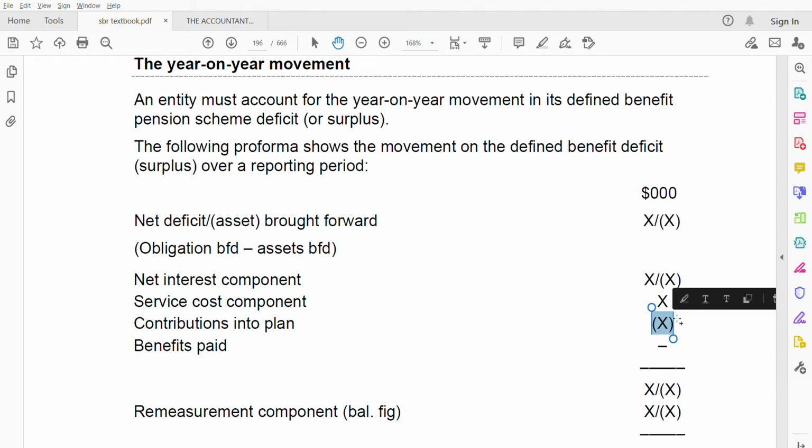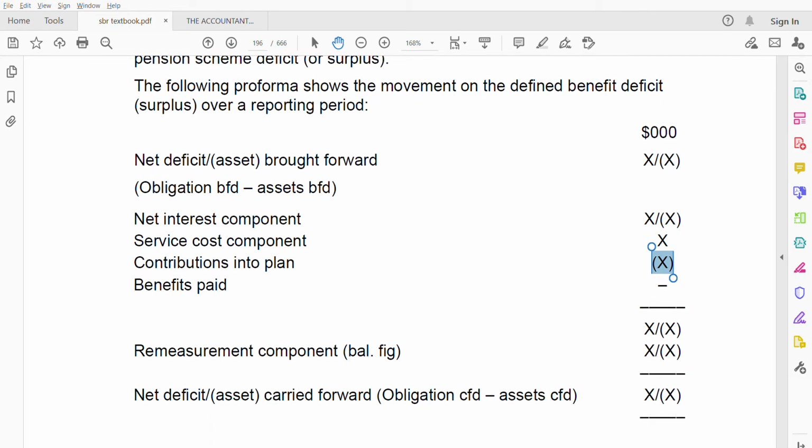And finally benefits paid, which in this case they don't have any, but they might have at times. The remeasurement component is the balancing figure, because the closing balance will also be given to you, whether it is a net deficit or an asset. If deficit, positive; if asset, negative. Here they have told why a deficit is a positive figure, because it is the obligation minus the asset carried forward.